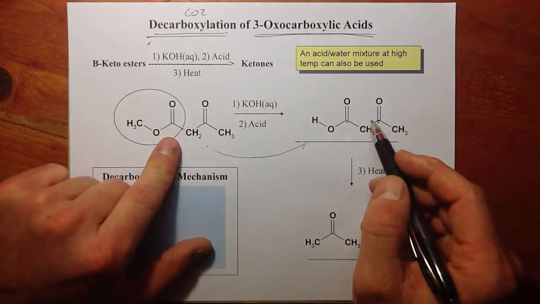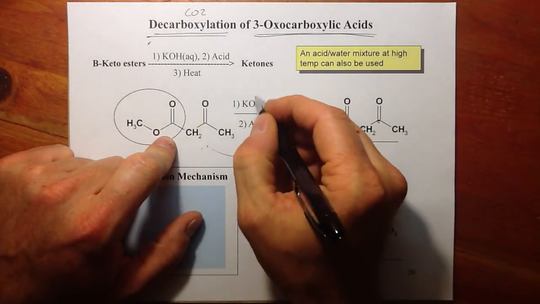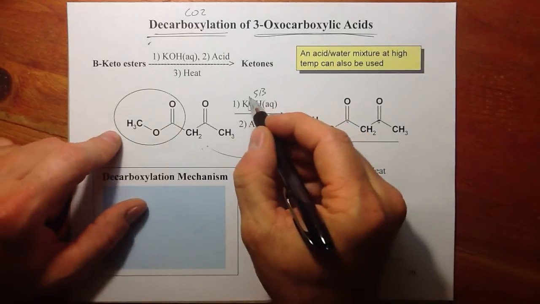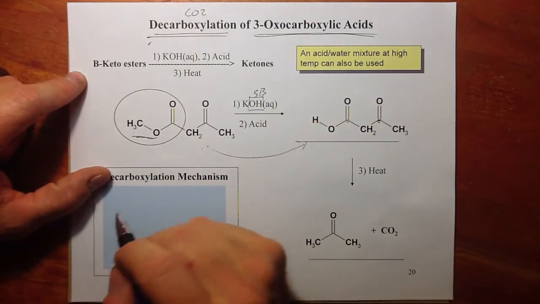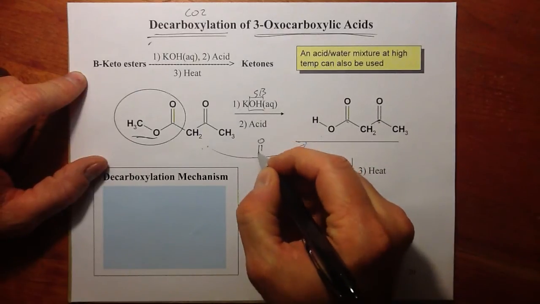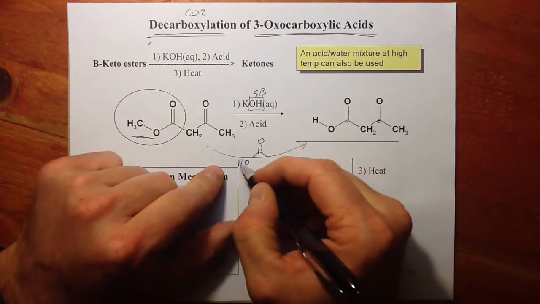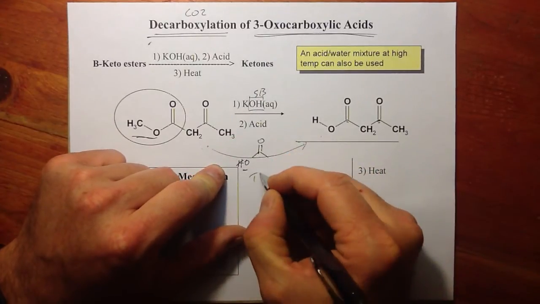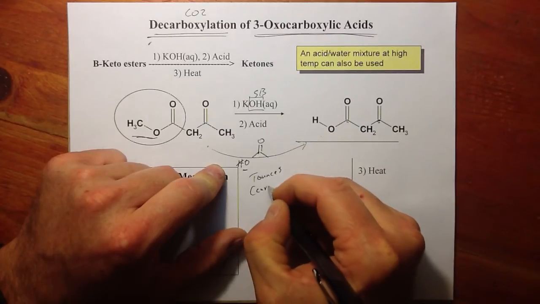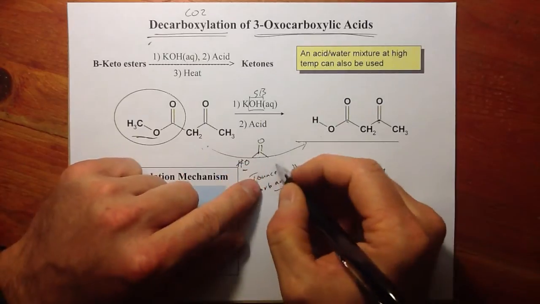So we can do that from the beta keto ester by just adding hydroxide, which is a strong base, that can replace this leaving group as a nucleophile and give us a carboxylate. In the presence of strong base, you're going to have the carboxylate anion, and this is very, very stable, of course.